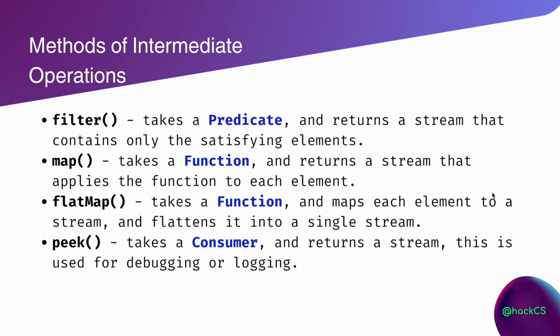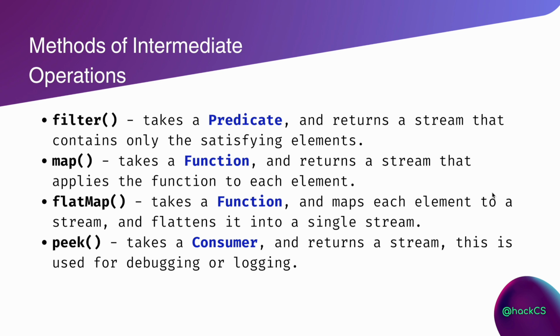So let's understand filter. Filter method takes a predicate and returns a stream that contains only the satisfying elements. Here filter will return a new stream and it will apply whatever condition we pass in, but it takes a predicate. If you could see on the screen, I have highlighted predicate in filter, function in map and flat map, consumer in peek.